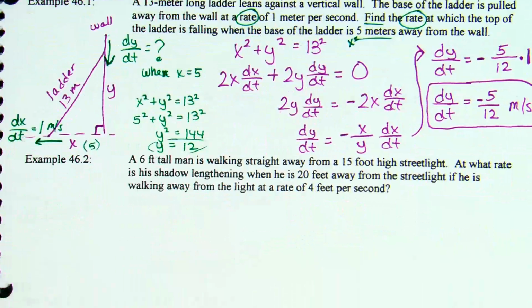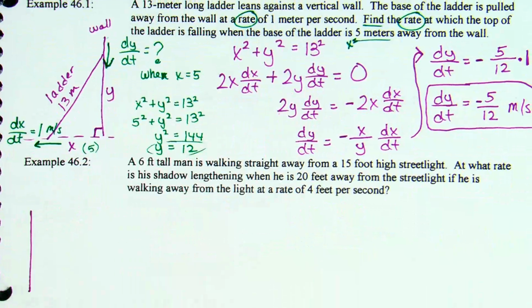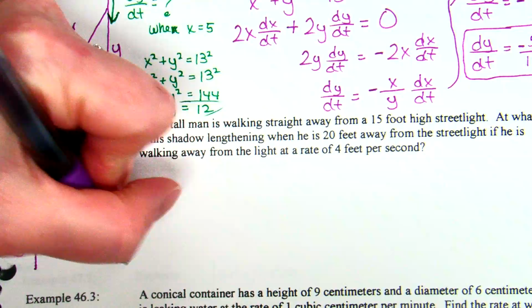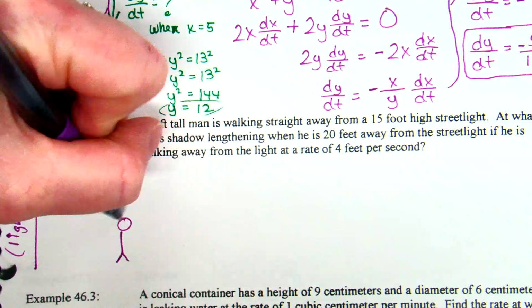Essentially what we're creating here is similar triangles, and I'm cutting to the chase because of time. This vertical line represents my light. And then I have a 6-foot human. There's my little human.